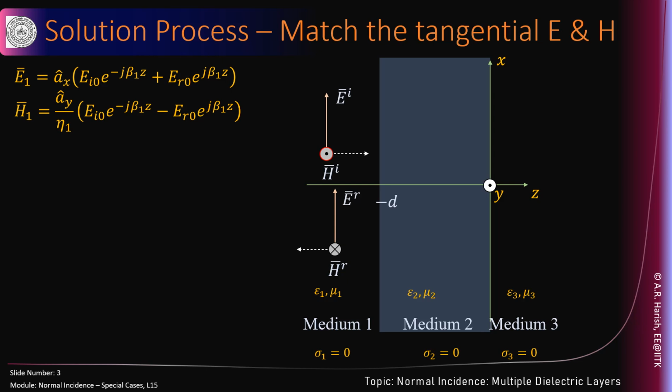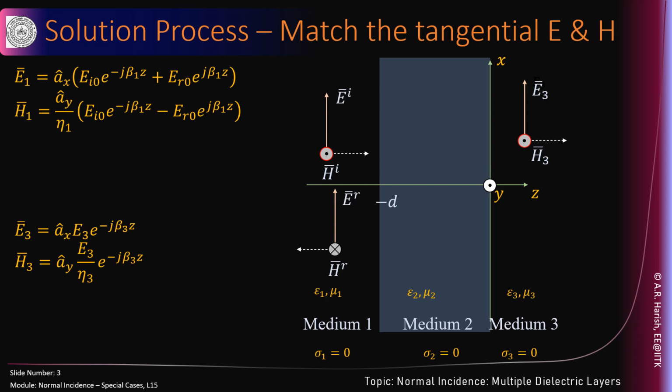Now, this is region 1. What do you think about region 3? In region 3, we will have only a transmitted wave because this is homogeneous and it's going to infinity, no discontinuities. We don't need a reflected wave there. Therefore, we assume that E3 is given by a_x E3 e to the power of minus j beta 3 z. This is an art.